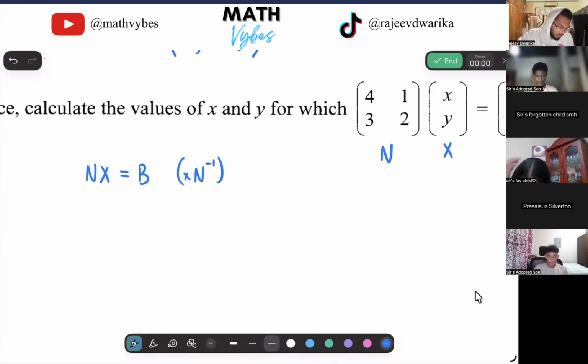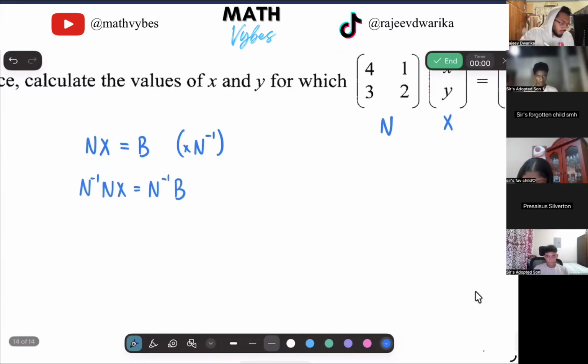Right? And we're going to multiply this. So it's going to be n inverse by n, X is equal to n inverse by b. So what is n inverse by n? That's the what matrix?